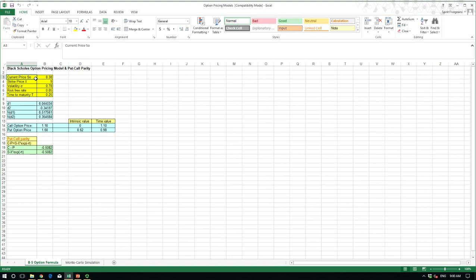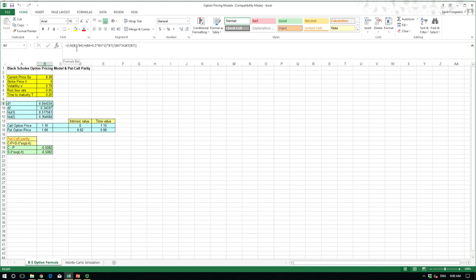The first one is stock price, second is strike price, third is standard deviation, fourth is risk-free rate, and the last one is T. Let's say we have a stock current price of $8.38 and a strike price of $9, and the volatility of the stock is assumed at 78%, a risk-free rate of 5%, and 3 months left for the option to expire.